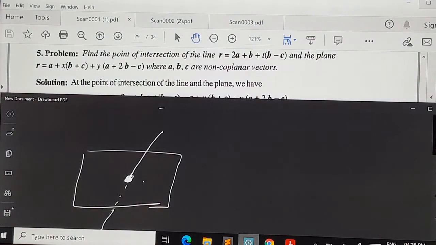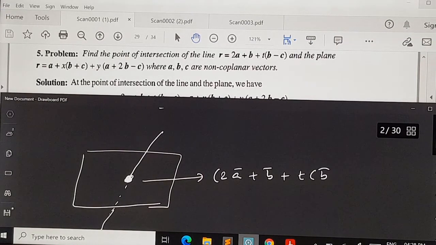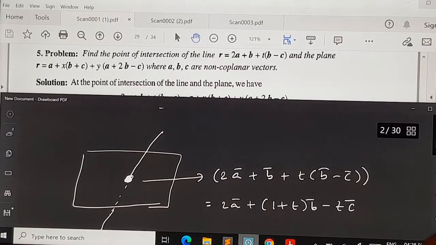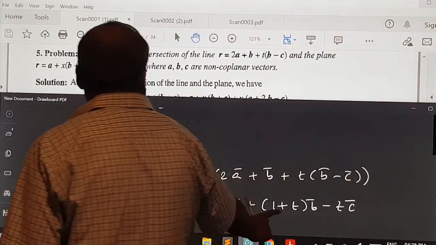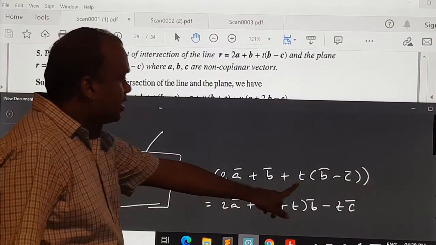So this point is 2a bar plus b bar plus t into b bar minus c bar. I write it like that. Or you can also write it as 2a bar plus 1 plus t into b bar minus tc bar. Once I have the value of t, I write the t value here.